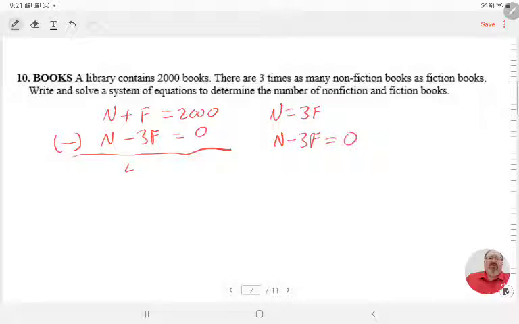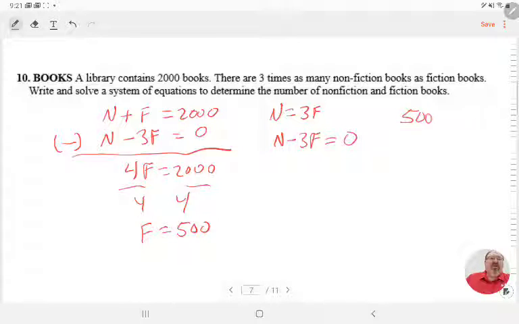And that would give me 4F equals 2,000. Divide both sides by 4, and F equals 500. So I know there are 500 fiction books. Then I would go back up to just taking 2,000. I could go N plus 500 equals 2,000.